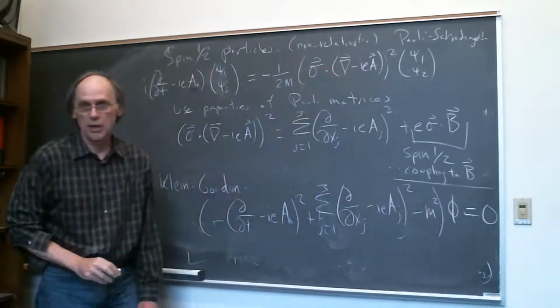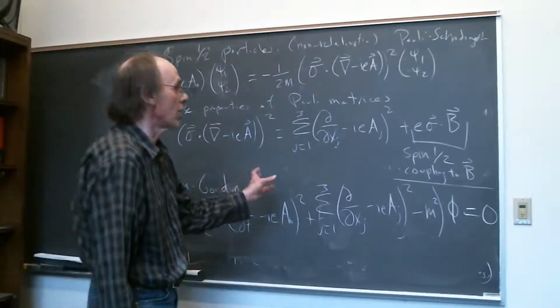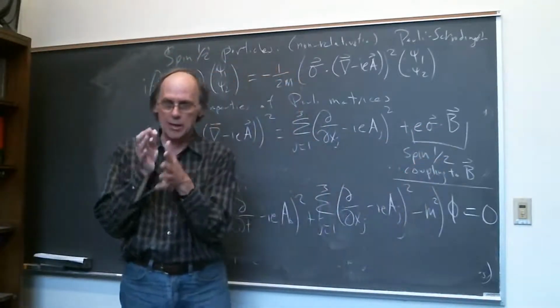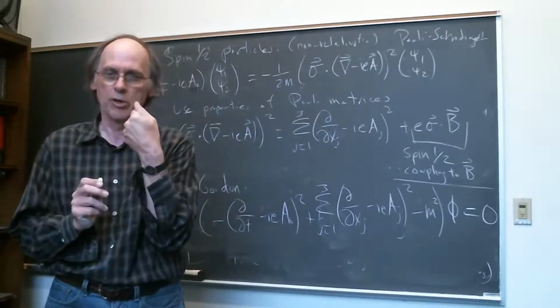to a magnetic field. This was something that I introduced very early on in this course, that if you wanted to think about a qubit, a fixed particle at a point which couldn't move.